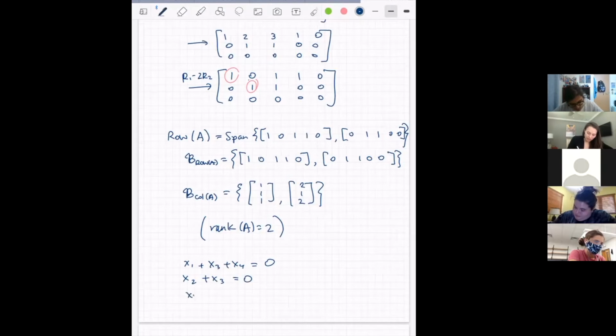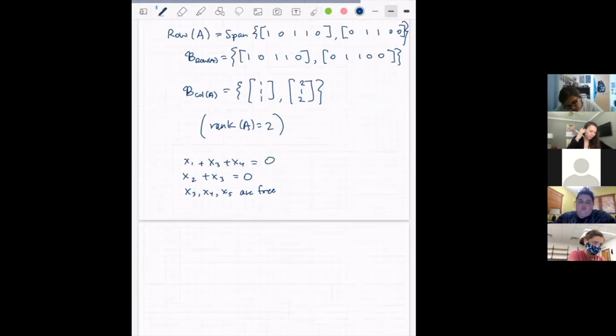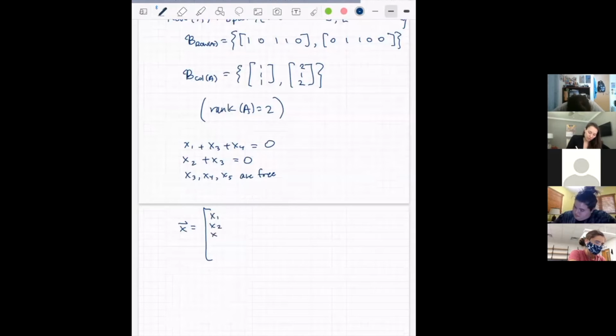And x3, x4, and x5 are free. So our general solution will look like x1, x2, x3, x4, x5. This is a vector in R5.